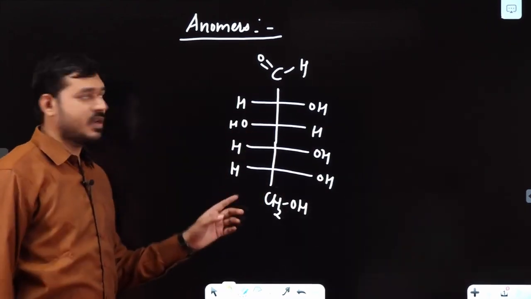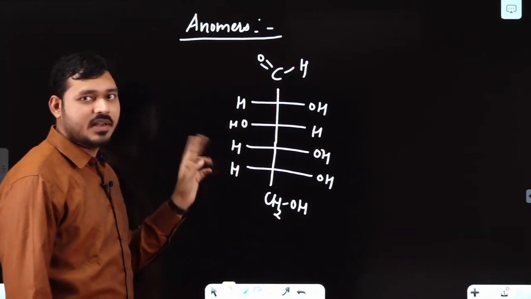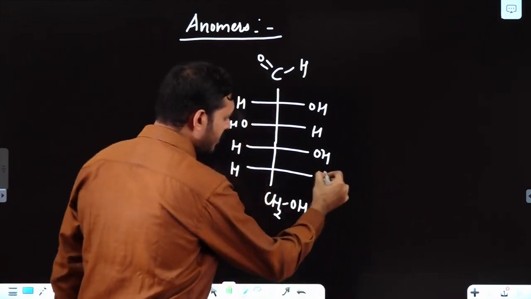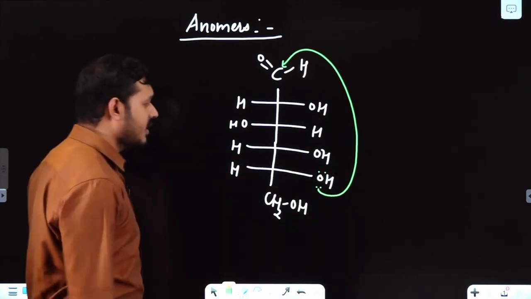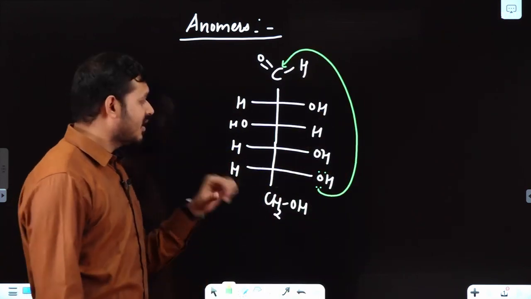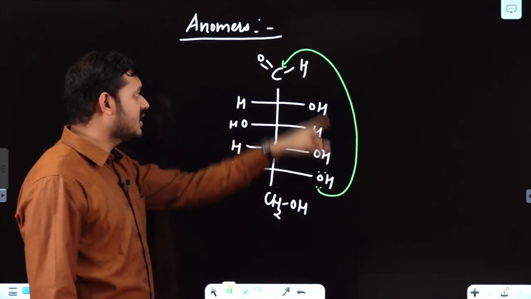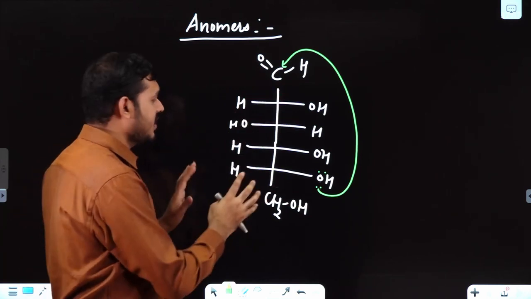As you remember, this is glucose, 4 chiral carbons, third on the left side. Now this oxygen will attack this carbon. Someone may wonder how, over this much distance, this intramolecular attack is possible.